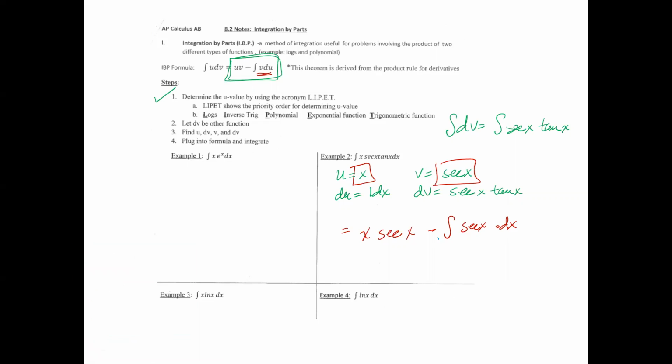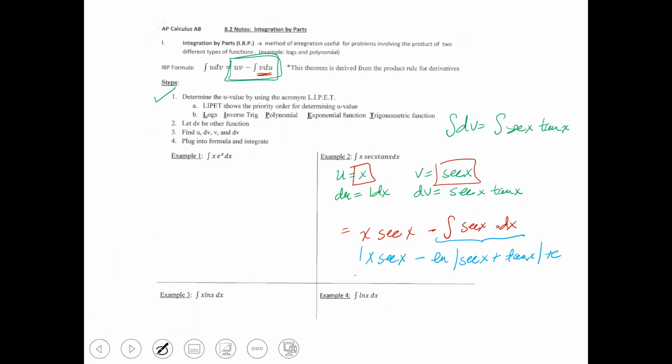Then I just need to integrate this teeny tiny little second part right here. The integral of secant x is going to be ln secant x plus tangent x plus c. Don't forget your first part. And this right here is your answer.